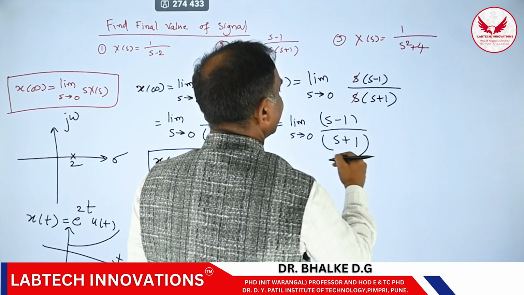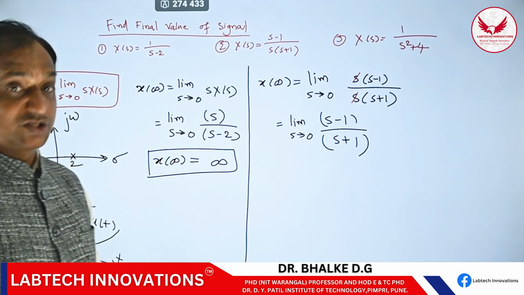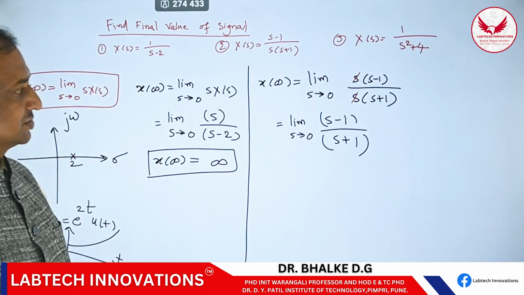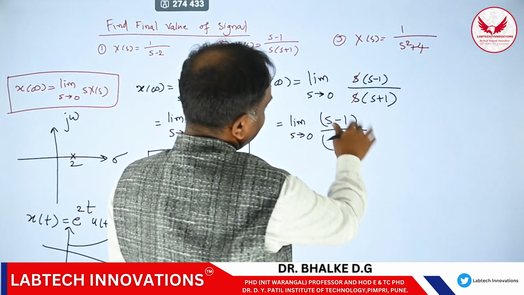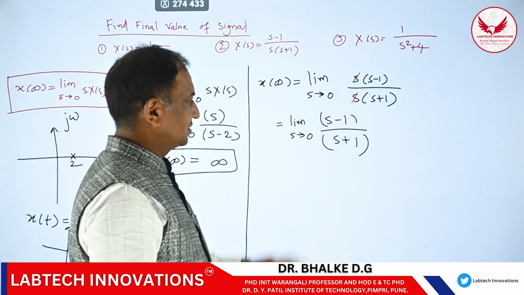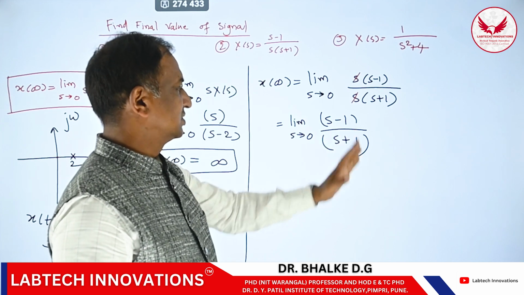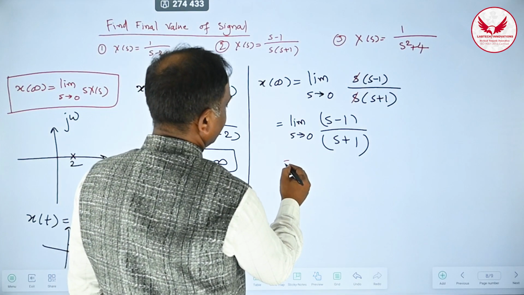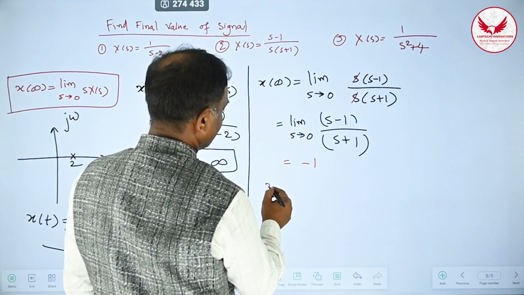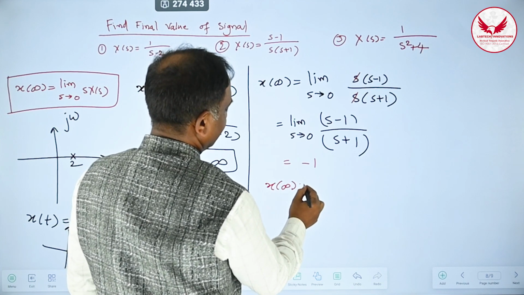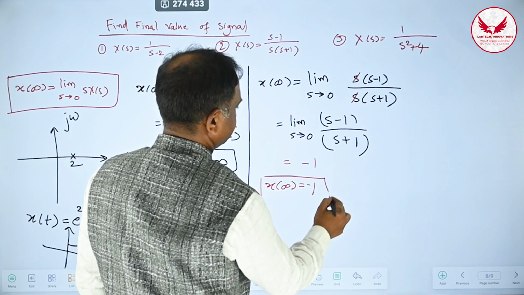Here you try to avoid 1 by s, that is 1 by 0, which would become infinity. Here none of the terms is going to become infinity, so directly you can substitute s is equal to 0: 0 minus 1 divided by 0 plus 1. So it is coming out to be minus 1. So x of infinity is equal to minus 1.